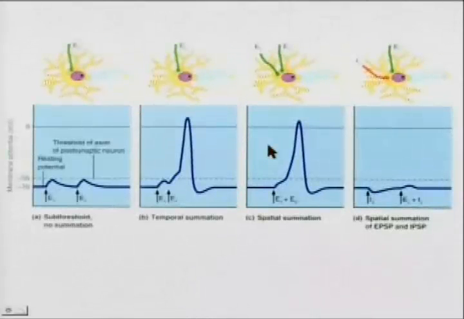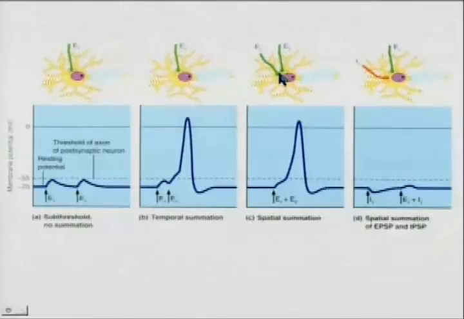In this illustration we are considering the effects of stimulating afferents, electrical stimulation of just one in a subthreshold fashion, two stimuli closer together to demonstrate temporal summation, or two separate inputs to demonstrate spatial summation.